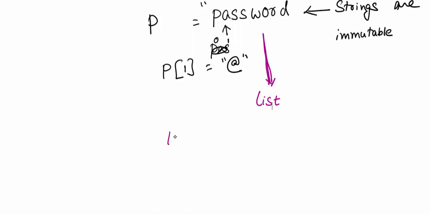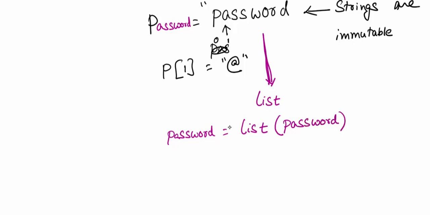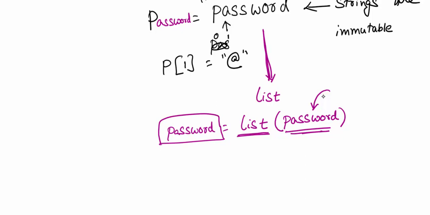Let's say password is the string, stored in the password variable, and we say password equals list of password. This is not the literal text but the variable itself. So what we are saying is, hey, this is a string that I'm passing to you. Using this list constructor, create a list out of this string.